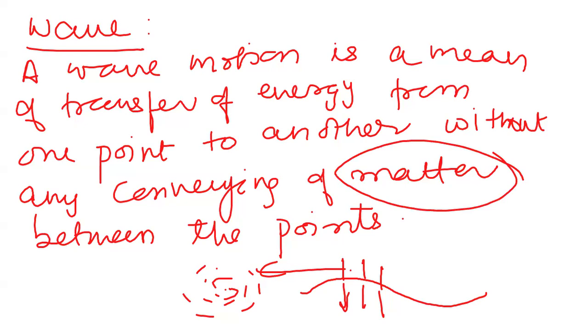So energy means the kinetic energy of the wave. The kinetic energy of the wave is allowing the cork to move up and down without getting moved.